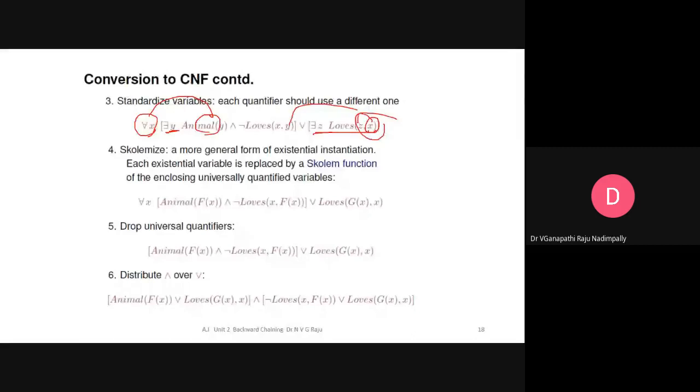If you take Z as somebody, then it is partially correct. I still need some investigation on this. Wherever we know someone, can I consider this Z? I don't know who is someone. Now shall I replace this Z with G of X?